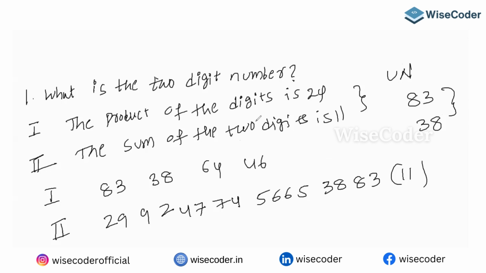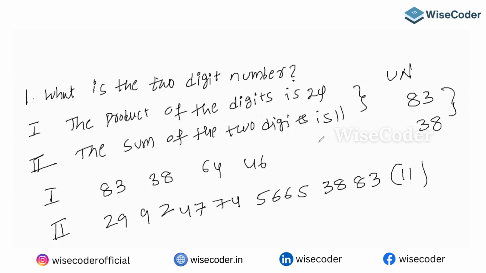What is the two-digit number it is asking? It may be 83 or 38. Are you going to say 83 or 38? No. So the point here is, are we able to answer this particular question? No. So what is the answer here? I cannot answer.